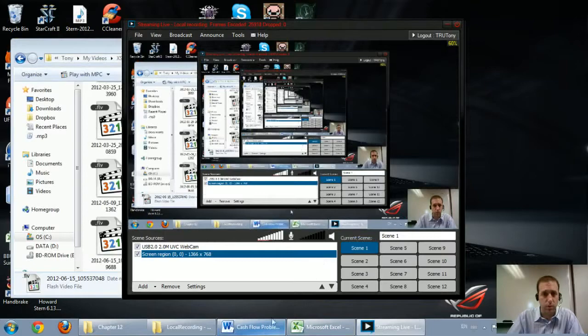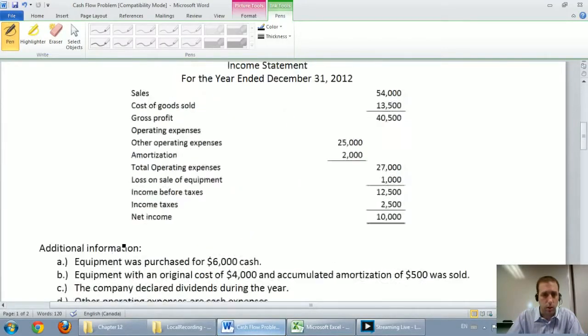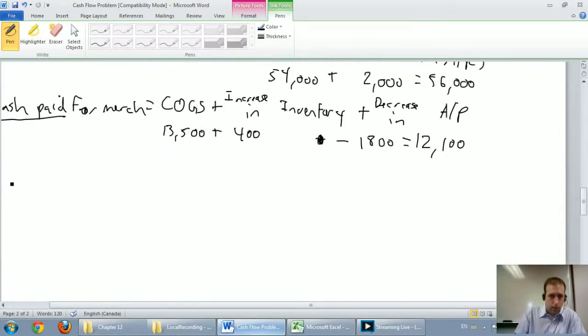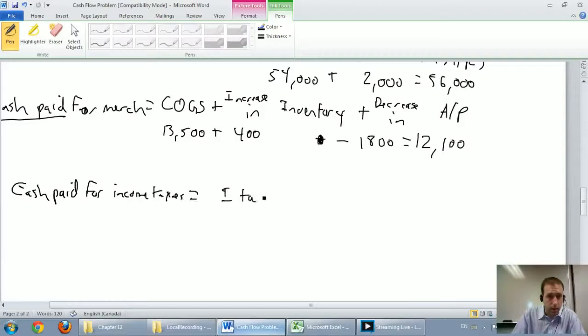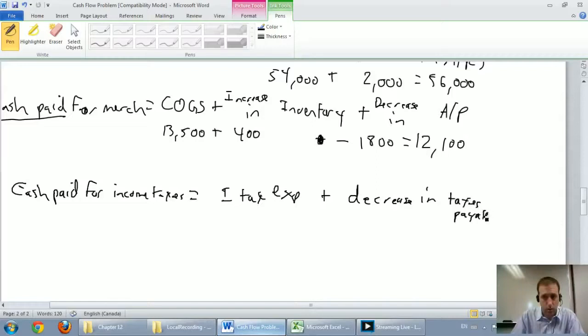So let me fill in a formula for that. Oh, there we are. So cash paid for income taxes is income tax expense plus decrease in taxes payable.